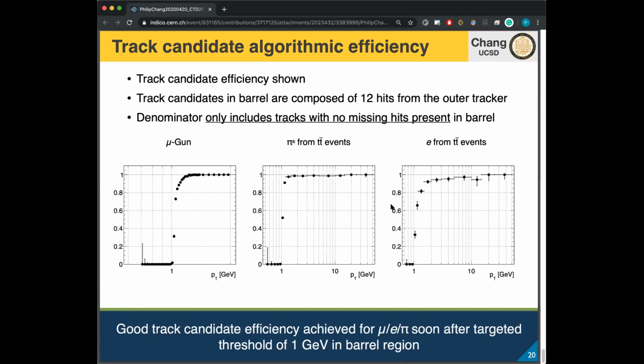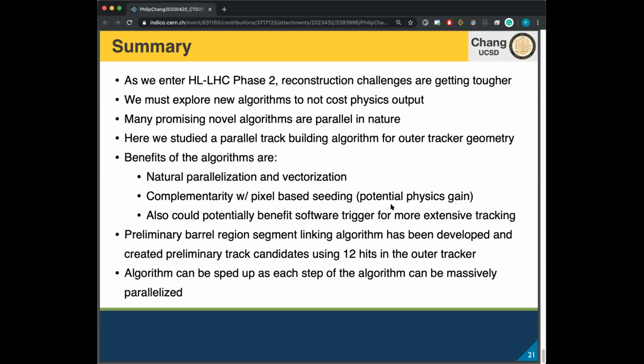So in summary, in slide 21, as we enter the high luminosity situation, the reconstruction challenges are getting tougher and tougher, and we must explore new algorithms to not cost any physics output.